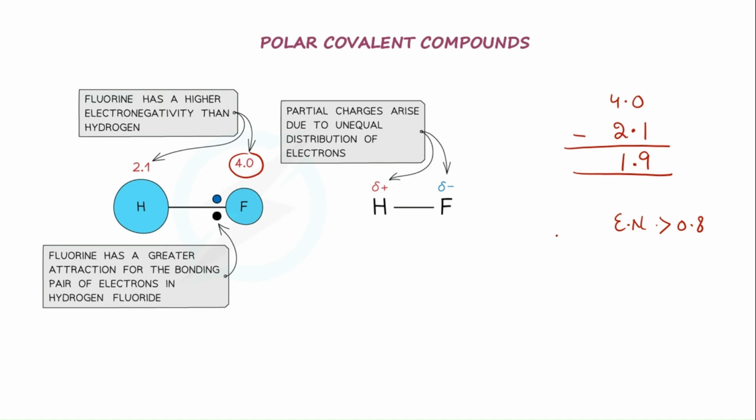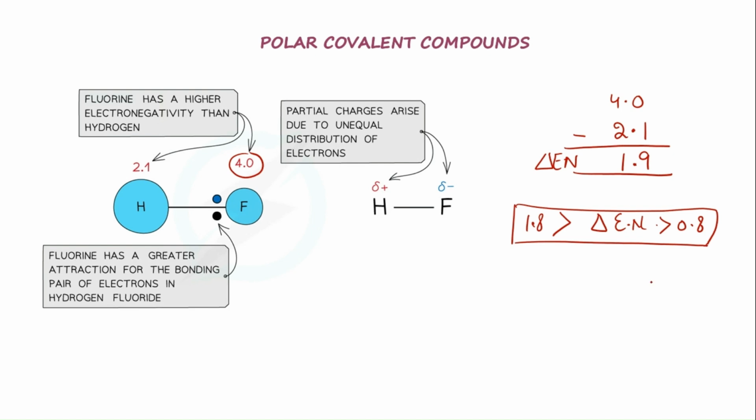So we can conclude that for substances, this is the difference of electronegativity. If it is greater than 0.8, then the compounds would be polar. And if the atoms in the compounds have an electronegativity difference less than 1.8 and greater than 0.8, it will be termed as a polar compound.